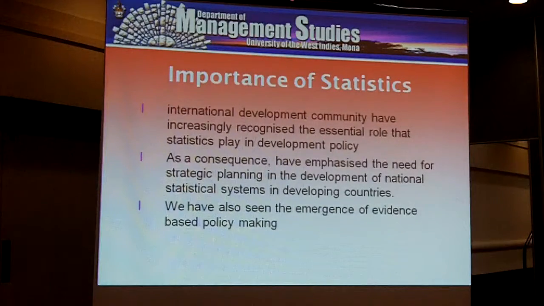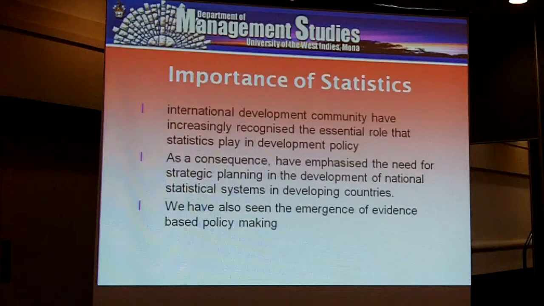One of the things that the international community has been emphasizing in recent times, certainly in the last decade or so, probably more than that, but it has become urgent in the last 6 years, is the need for a strategic plan framework to drive statistical systems in developing countries because of those perceived weaknesses. And we are seeing more and more the emergence of evidence-based policy.